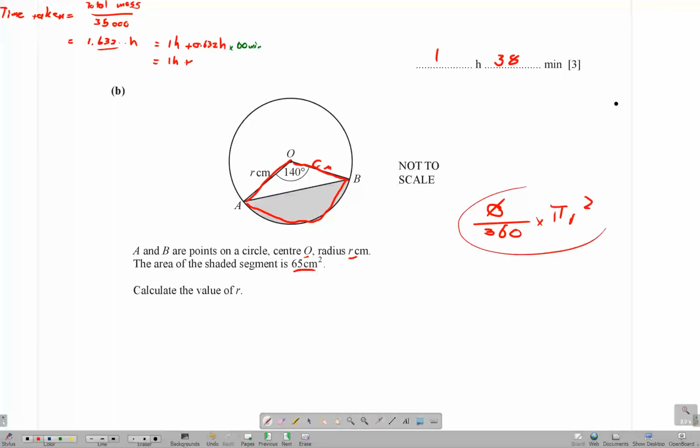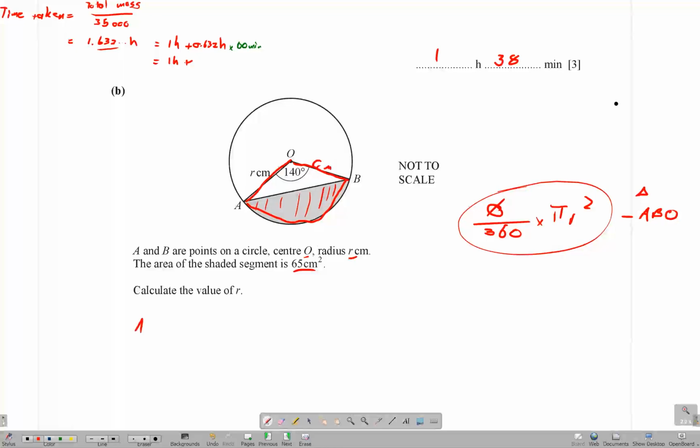So if we get that area, so this entire section, and we subtract this triangle OAB, or actually it's ABO. If we subtract the area of that triangle, that gives me the area of the shaded part. Okay, and that's about exactly what we're going to do.